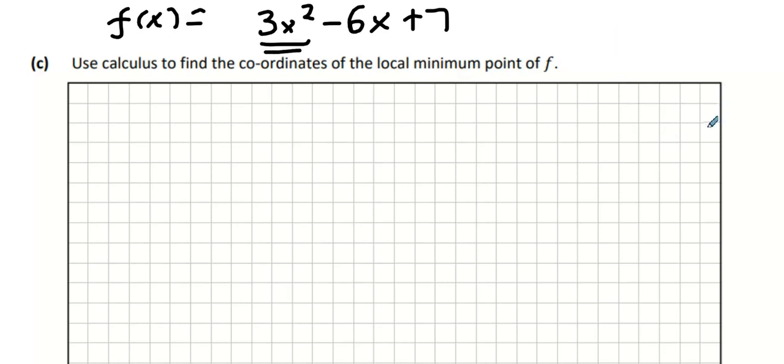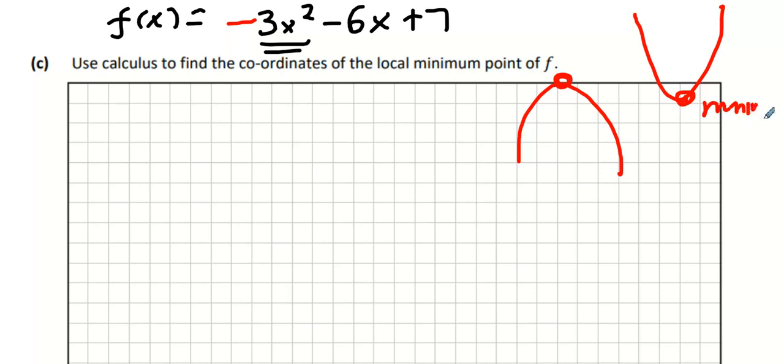I can put it in the calculator and see what it looks like roughly, but the real reason is if it's a positive x squared, see the way it's 3x squared? That's a U-shape. If that was negative, what would happen then? N-shaped. N-shapes have maximums, U-shapes have minimums. And you didn't even need to know all that anyway, but look, you should know.